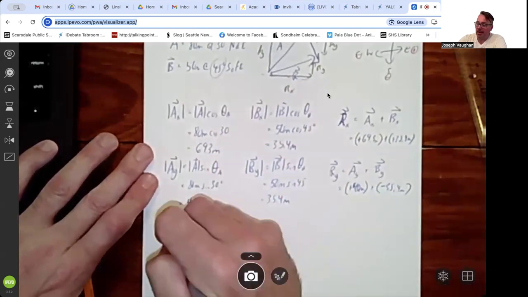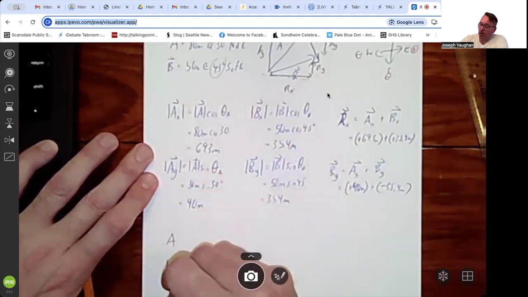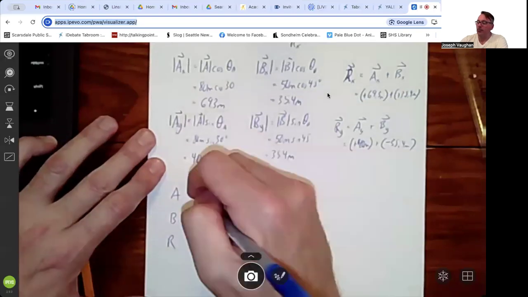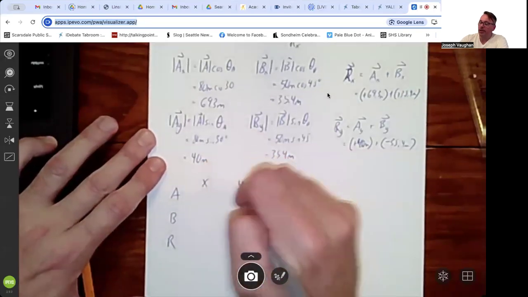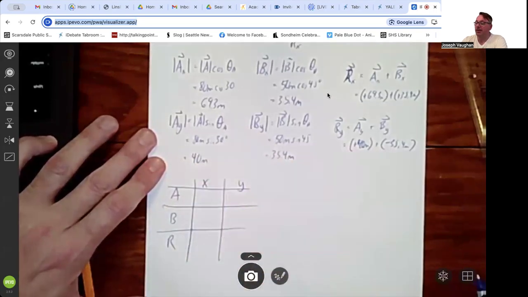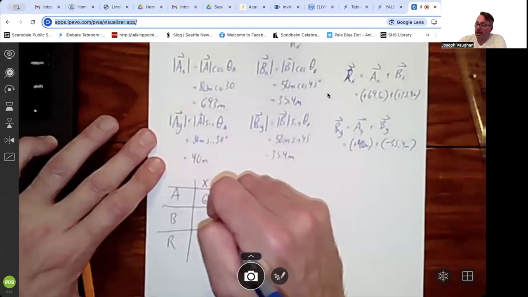Or you set up the table of goodness, as I like to call it. So here we go. I have one row for each vector. If I have more than two vectors, I just keep adding rows, and I have a column for the X components and a column for the Y components. And I say, how much of this vector goes in the X direction? Well, the whole component does, 69.3.